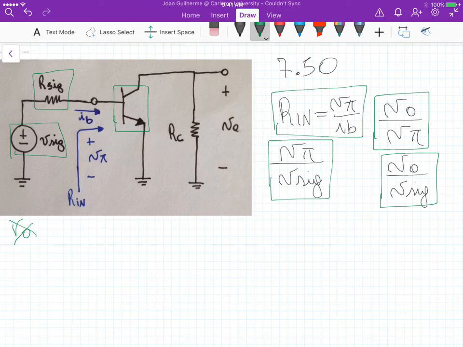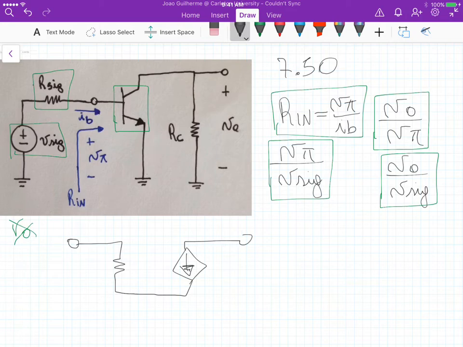Okay, so in this case we are going to substitute the BJT by its small signal model. So we have a resistor here, we have a current source here, and these are the terminals. So we have here the collector, here the emitter, and here the base.